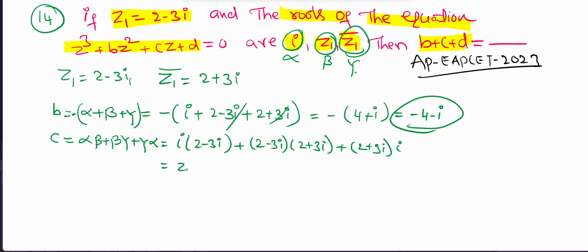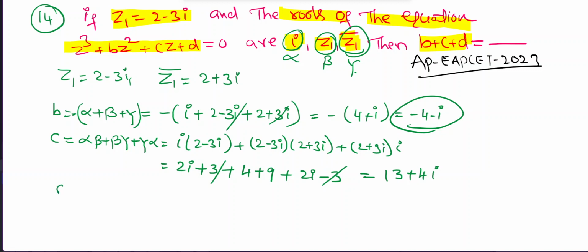Multiplying by i, this is 2i minus 3i square, which is plus 3. 2 minus 3i into 2 plus 3i is of the form a plus b into a minus b, this is 4 plus 9. Then 2i plus 3i square is minus 3. Here minus 3 plus 3 cancelled, that is equal to 4 plus 9, 13, plus 2i plus 2i, this is 4i. 13 plus 4i is the value of c.